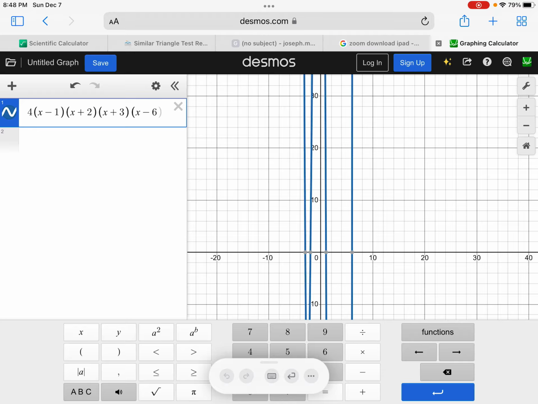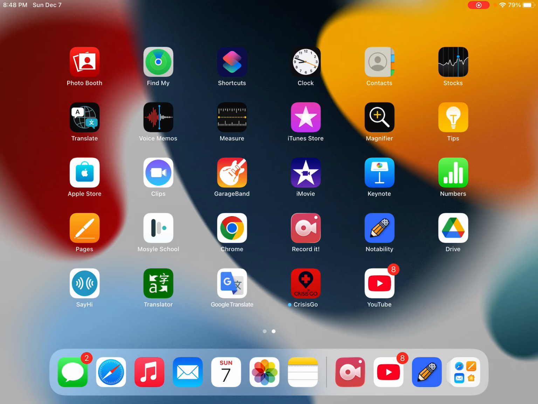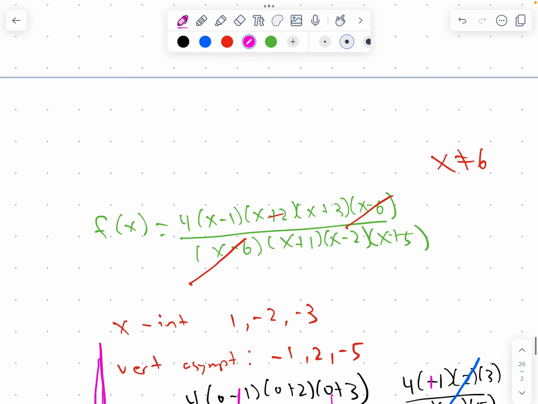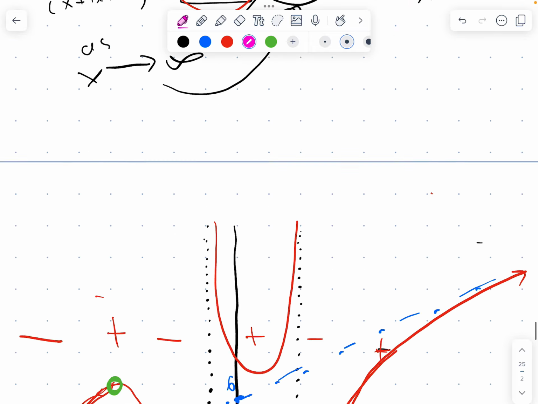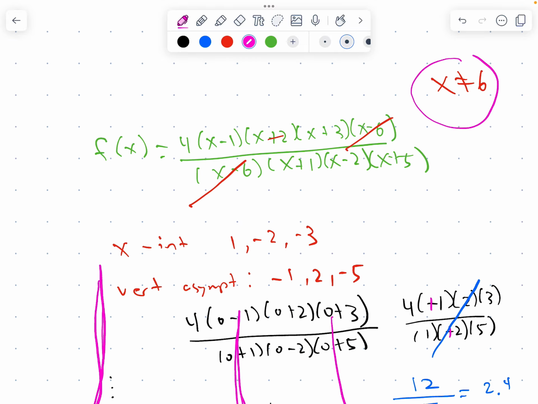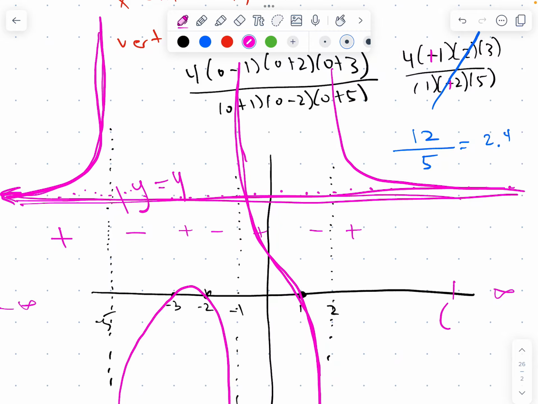Oh, and that actually reminds me, we forgot something. I forgot something in this one right here, which is our hole. And remember, we have a hole at x equals 6. So I've got to go in here. At x equals 6, right here at 6, I have a hole right there. So I can't forget that hole.